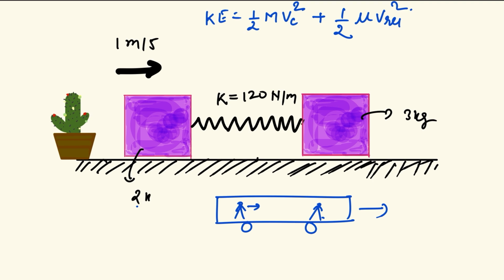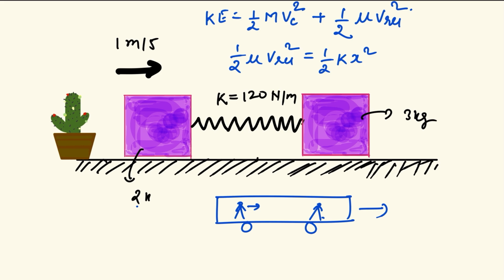So I'll use this internal energy. I can write 1/2 mu times the relative velocity squared, and that internal energy is given by 1/2 times the spring constant multiplied by the square of the maximum compression.